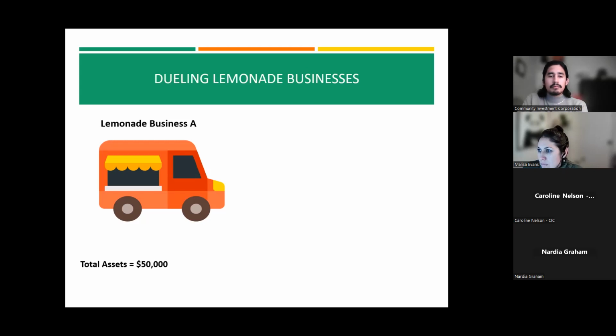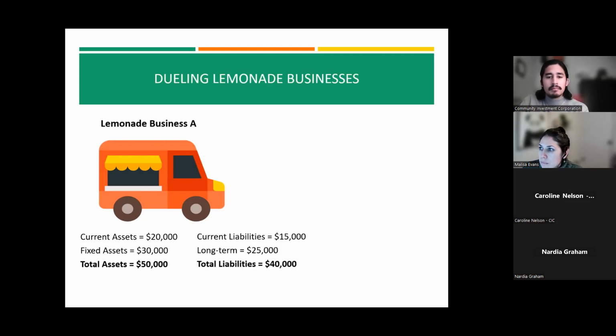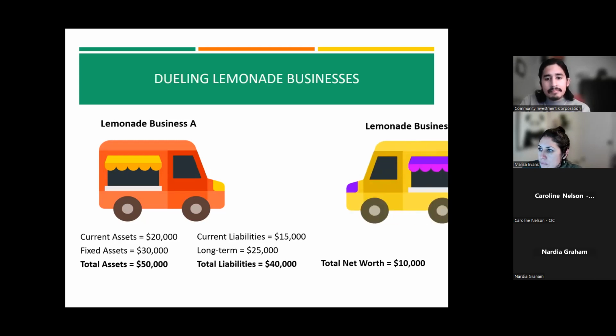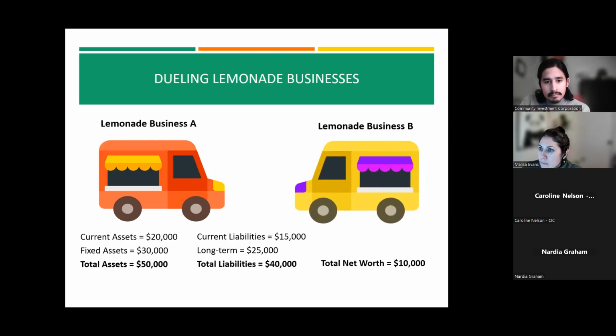So we know here we have Lemonade Business A and Lemonade Business B, let me get them up there. We've got their current assets, fixed assets, their total assets, current liabilities, long-term liabilities, total liabilities, and the net worth of $10,000.